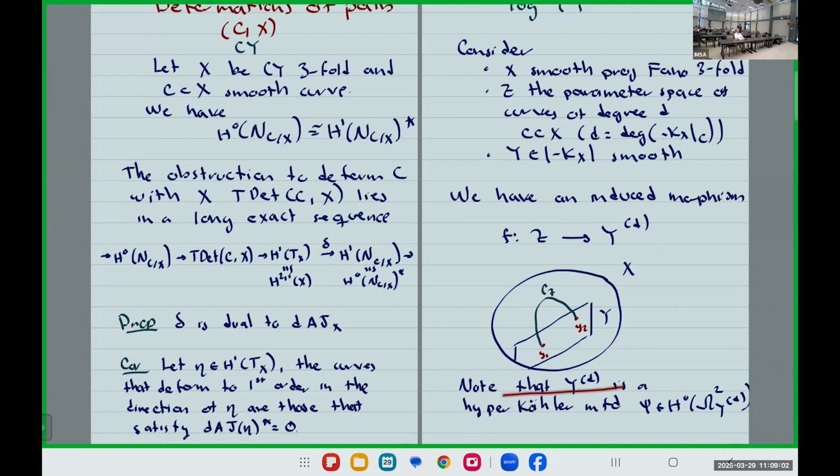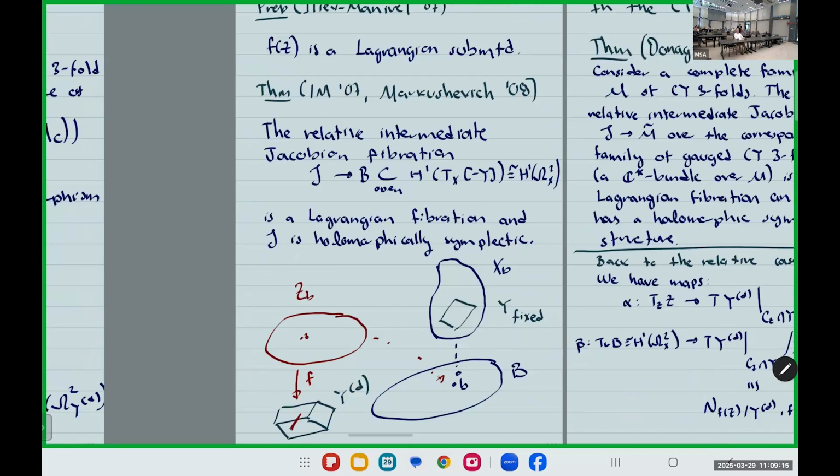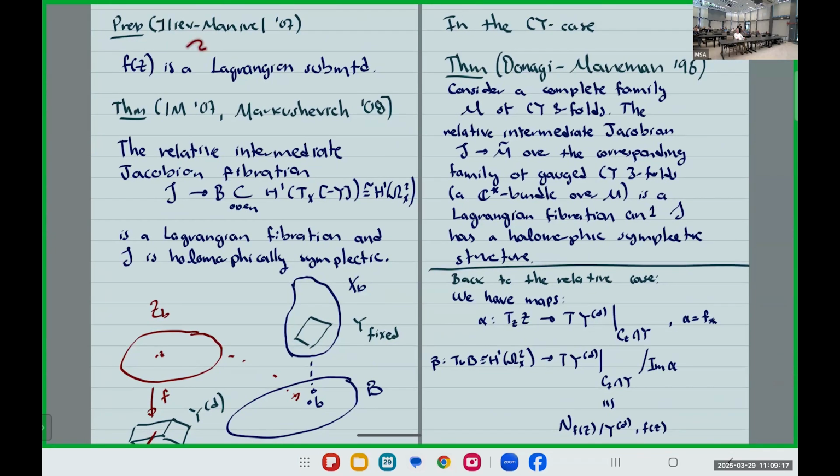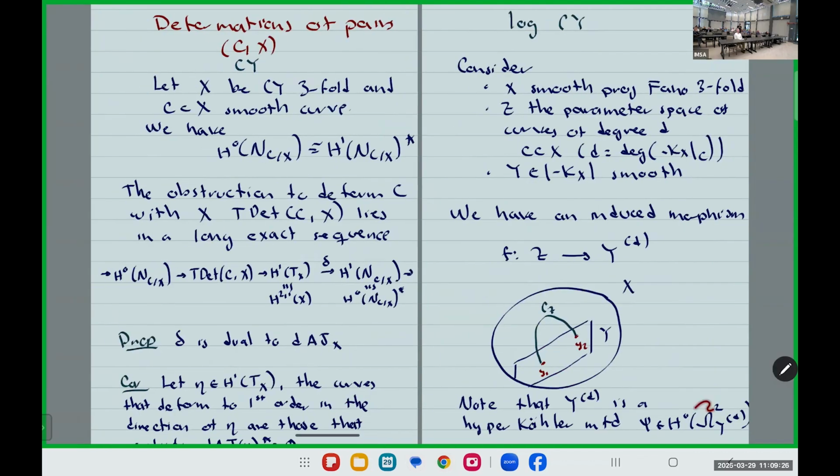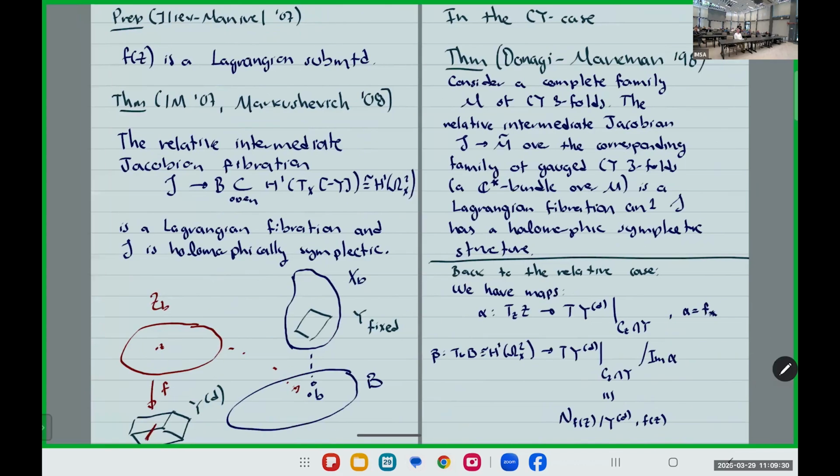So note that this Y^D is a hyperkähler manifold, and I will denote the two-form by C in this form. So now, Iliev and Manivel prove that the image of this set is a Lagrangian submanifold of this Y^D.